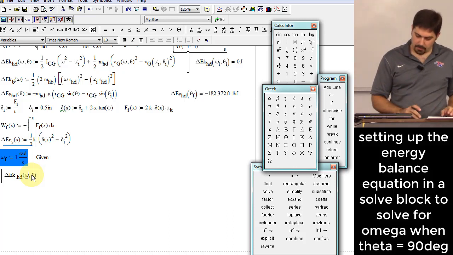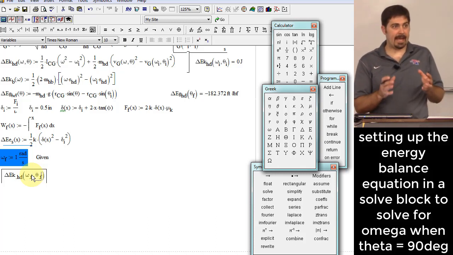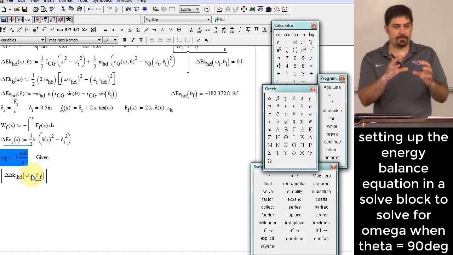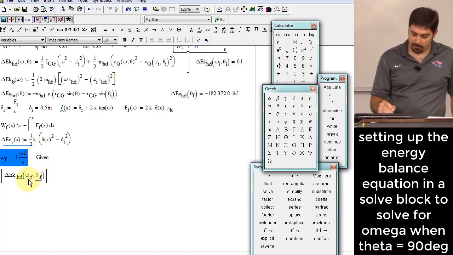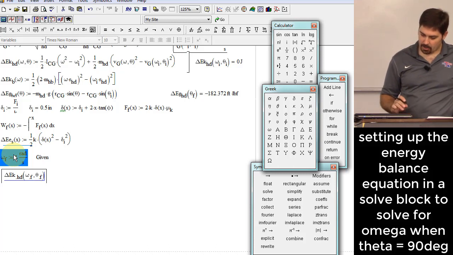Okay, this should probably be omega f and theta f, right? Because I need to actually take that at a particular location of movement, right? I'm picking off this theta equal 90 degrees. That was my theta f. I'm also solving for this omega f. So I'm going to put those in as my arguments for that function. Okay, then what?